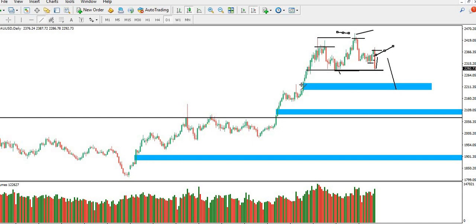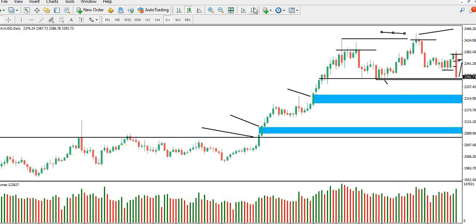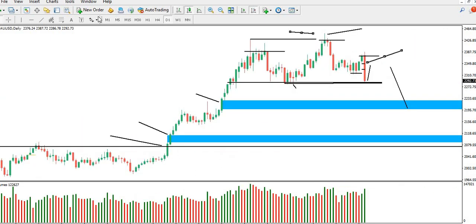and there are lots of gaps in the daily time frame that are left open in the market. Let's say this is the first one, this is the second one, third one and fourth one. So the market will definitely come to the downside to fill these gaps, and this can be the pattern, also known as a reversal pattern, the head and shoulders.